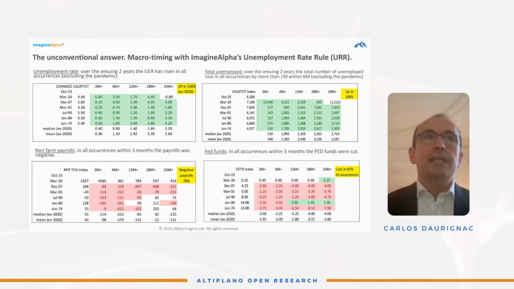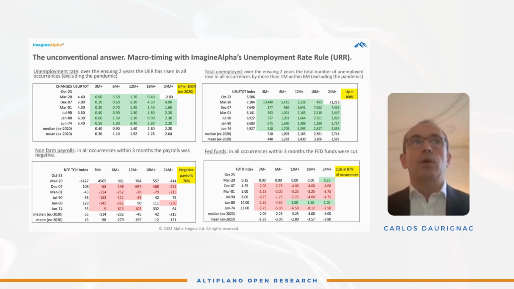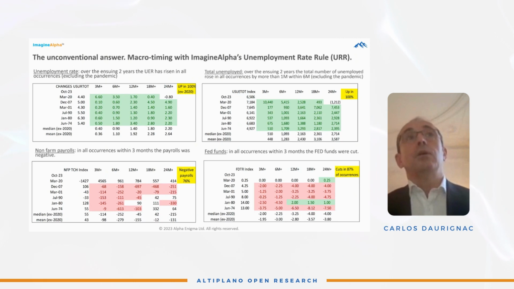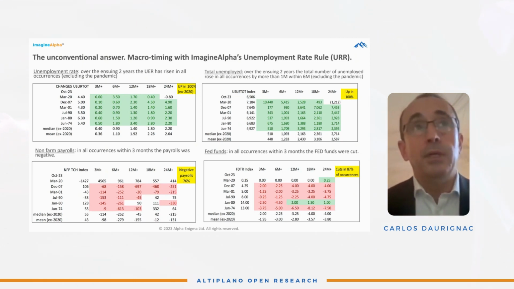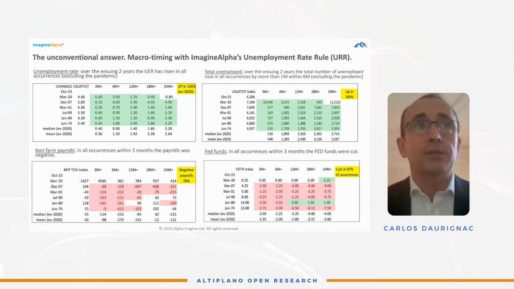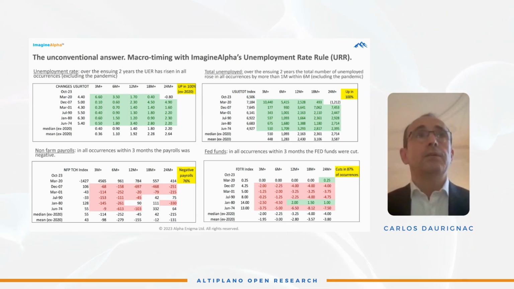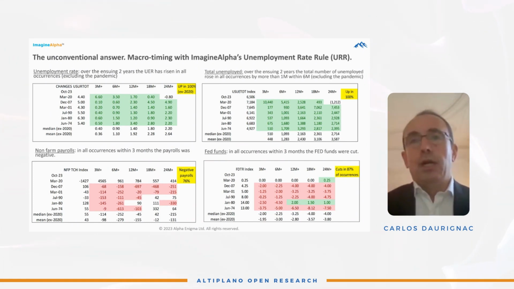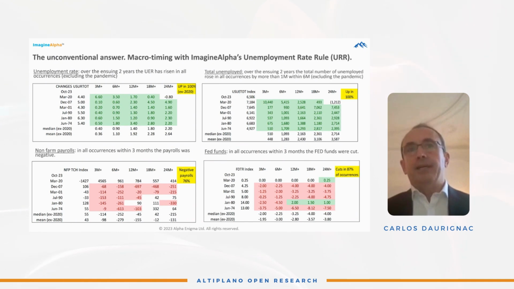And we see that the unemployment rate rose in all the episodes and over all the ensuing periods after the triggering of the signal, which is a 100% track record for that rule, from 3 months onward to 24 months onward. One could explain that by the lagged effects of monetary policy.